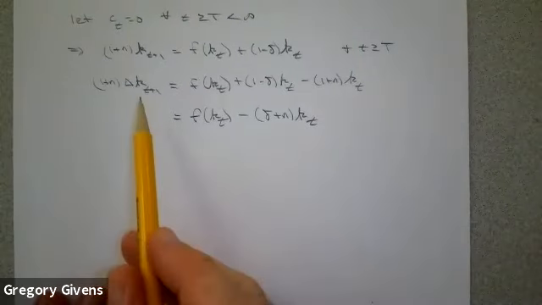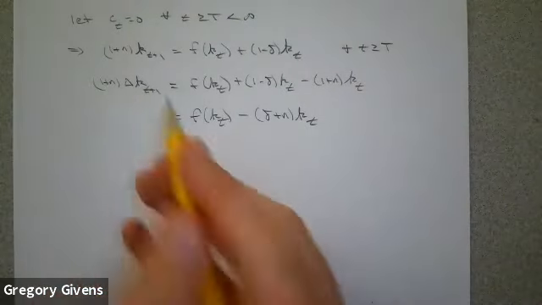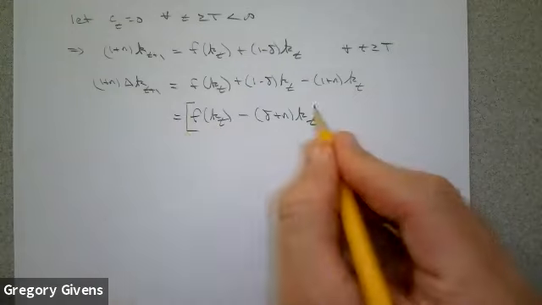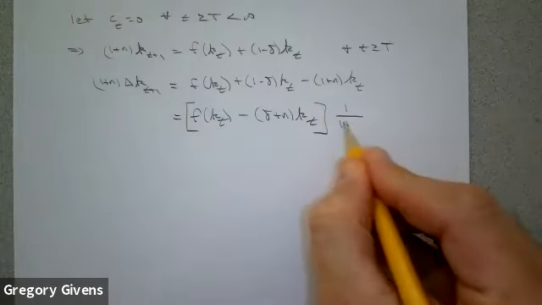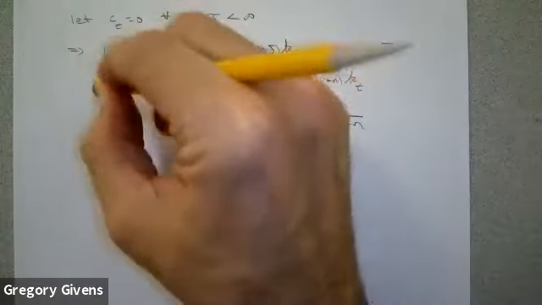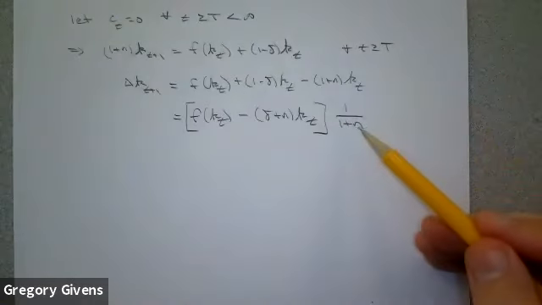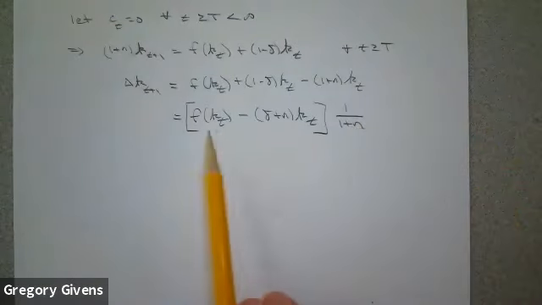In other words, the growth rate of capital, basically, is equal to 1 over (1 plus n) times [f minus (delta plus n) times k].